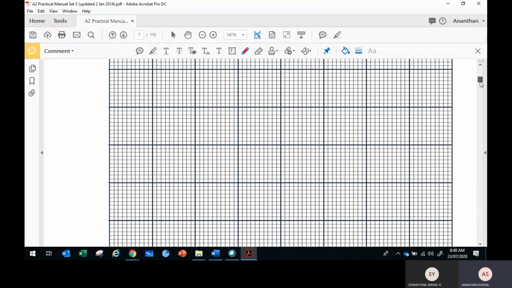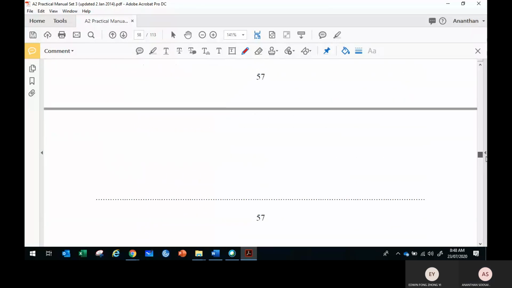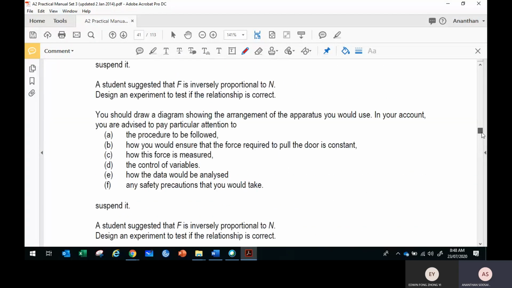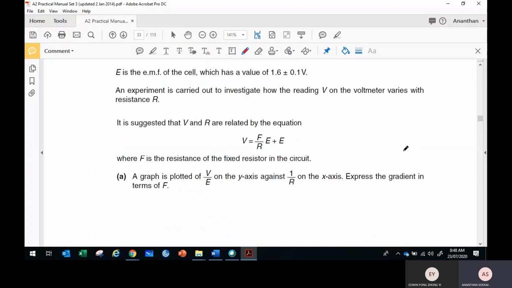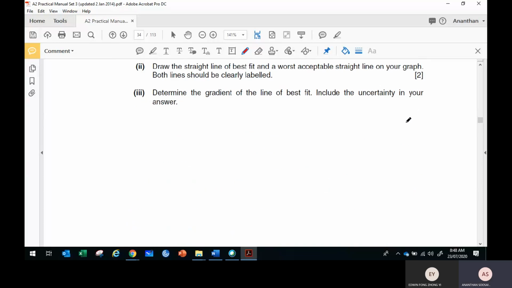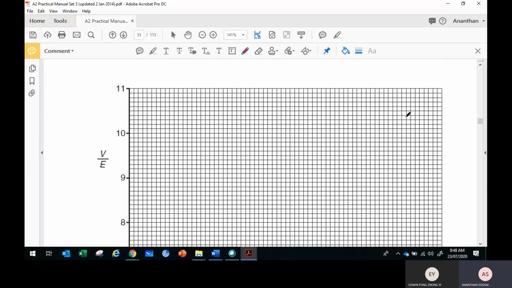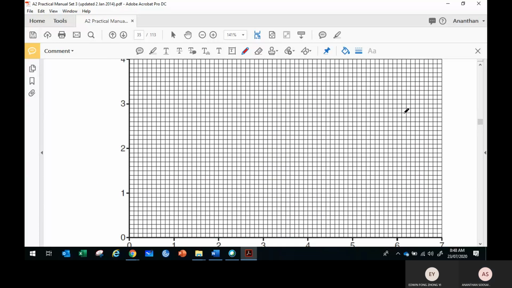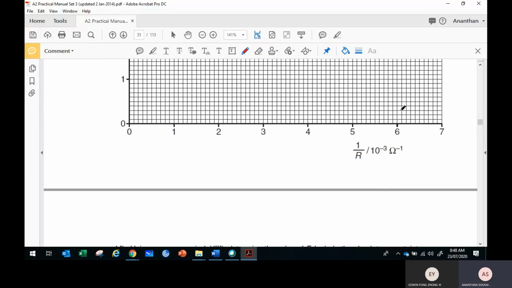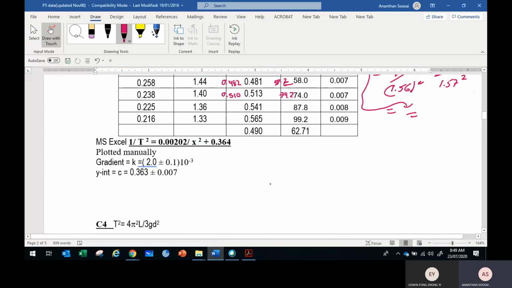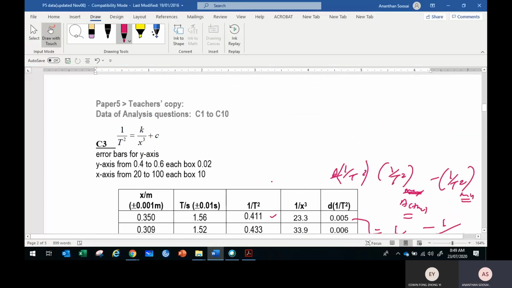For example, let me show you a few past-year questions like this. You see, the scale at the side is provided in a real examination. But this first question doesn't have a scale, so follow the scale stated here.